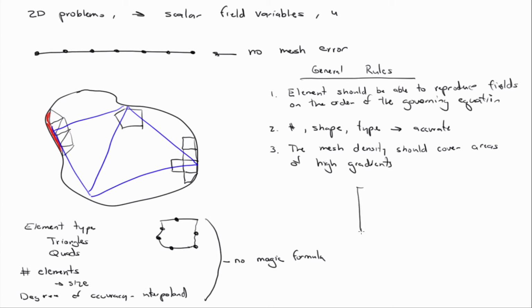Right, so if we have a part like this, and we fix the bottom, and we apply a force right there, we know that there's going to be stress concentration at that corner, right? So when we design a mesh for this part, we want to refine it in regions where we know there's going to be high stress concentrations.